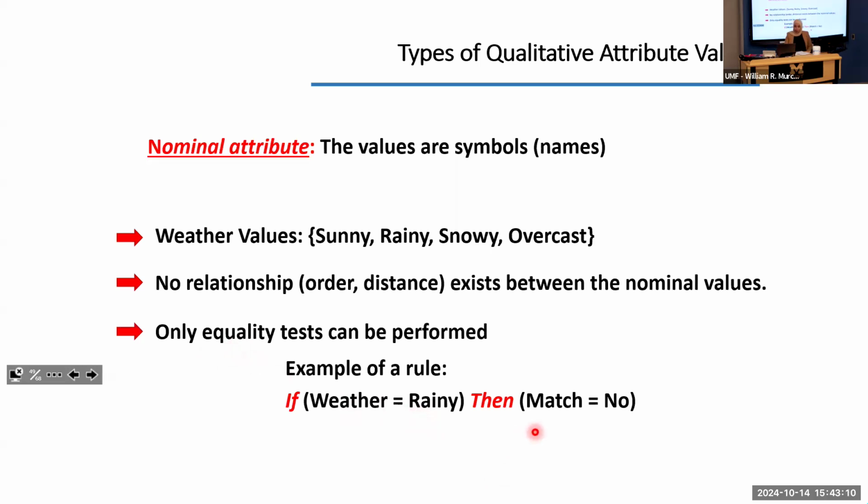So the attributes stored in the list of primitives for a given shape x, in the vector x, could be either qualitative or quantitative. If they are qualitative, then they could be nominal attributes, and this is an example of them. For nominal attributes, the most important thing is that only equality tests are allowed, okay?